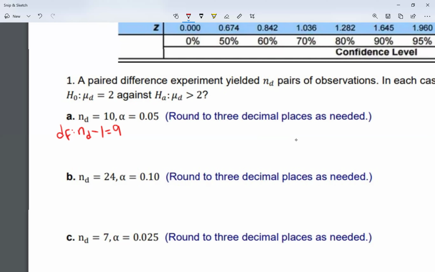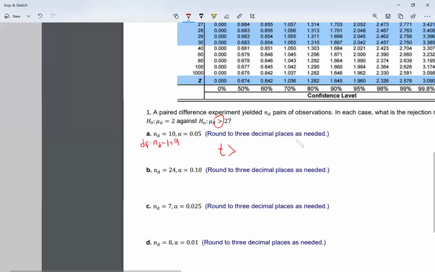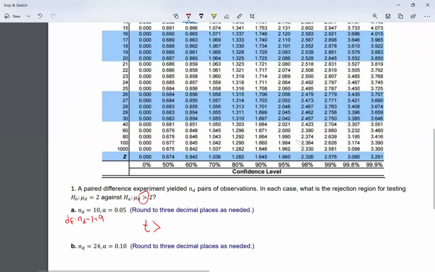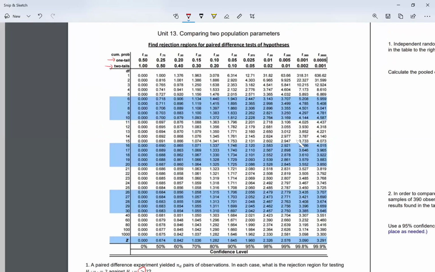But before I look at my number from the table, I'm going to say my value t, because of this sign, has to be greater than, and now let me find my number. Okay, so my alpha is 0.05. I'm looking at one tail. My degrees of freedom that I'm going to be using is 9. So I see they intersect at this value right here.